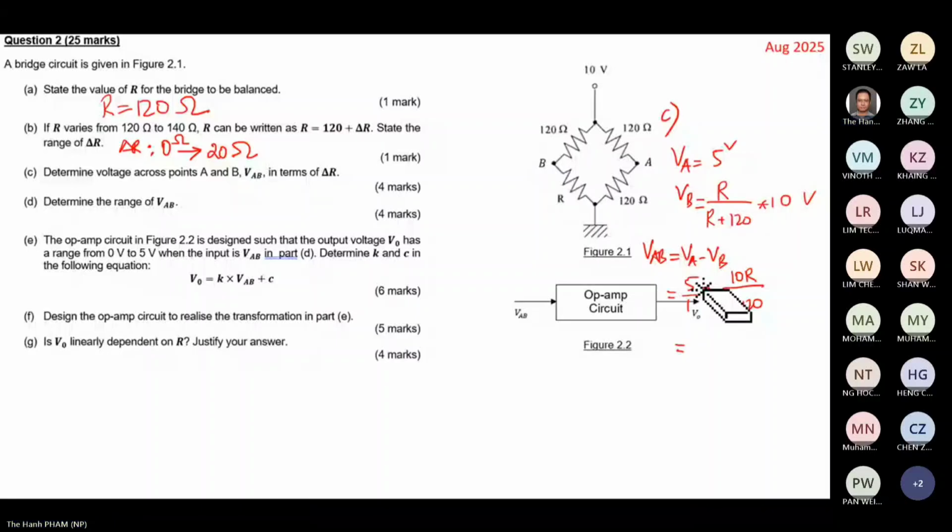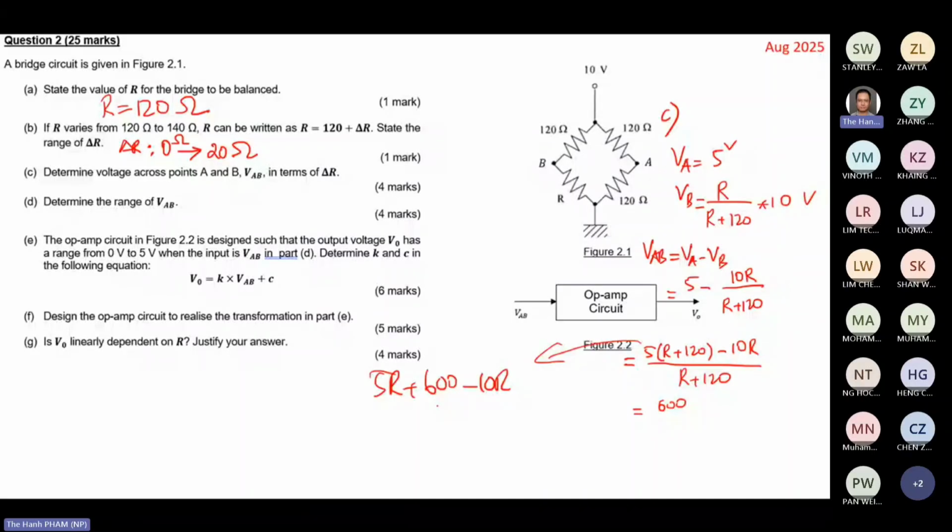So you have 5 times R plus 120 minus 10R over R plus 120. 5 times 120 is 600, so you have 5R plus 600 minus 10R. So this one should be 600 minus 5R over R plus 120.